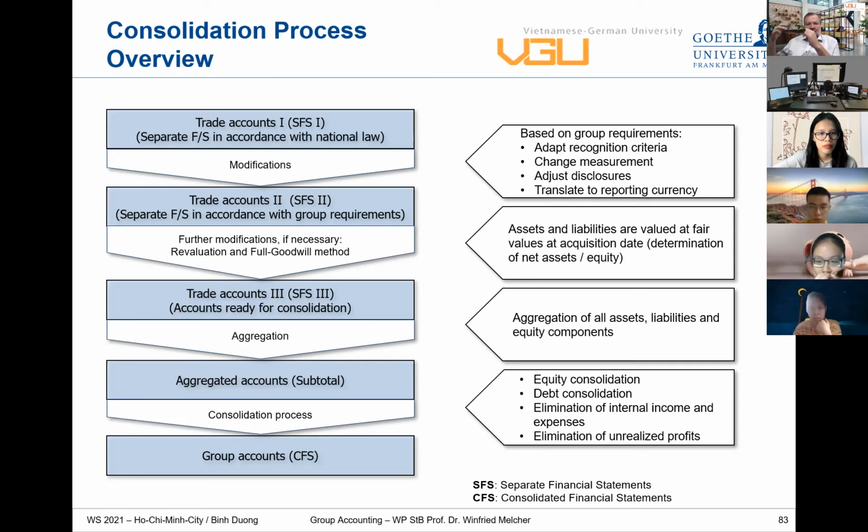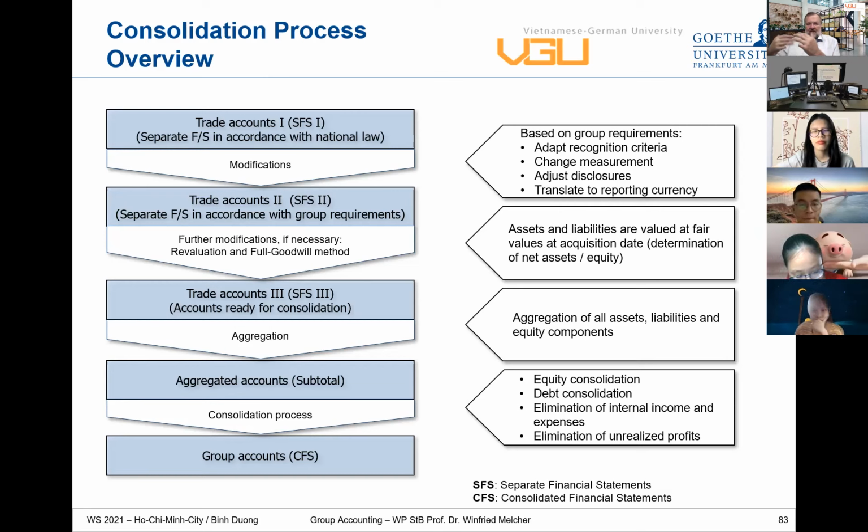You deliver some goods to another company within the group, so you have a receivable against that company, and the other company should show a liability as long as they have not paid. And when you get the money, well, you will book out the receivable.